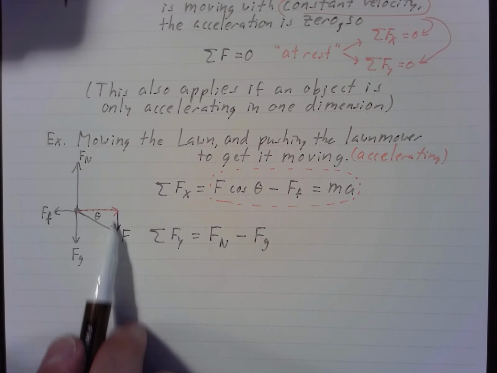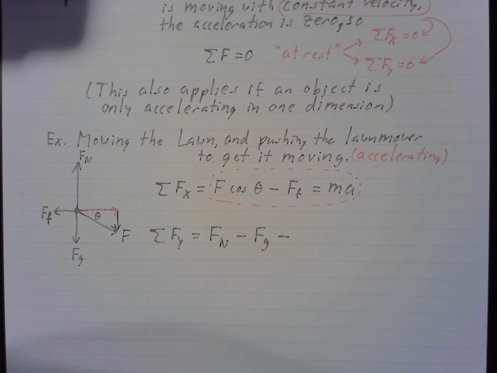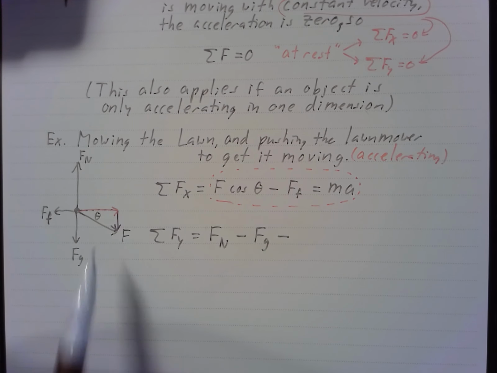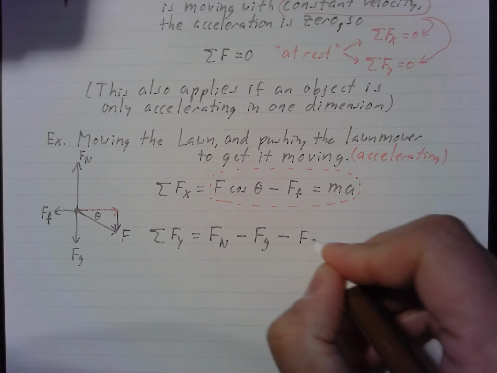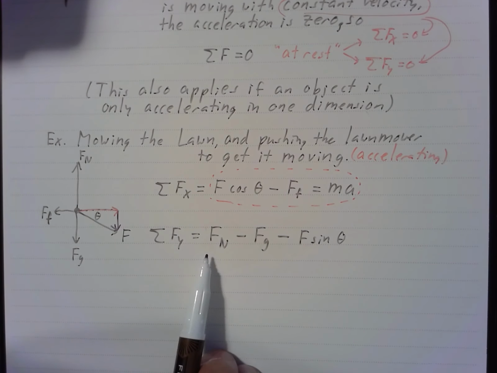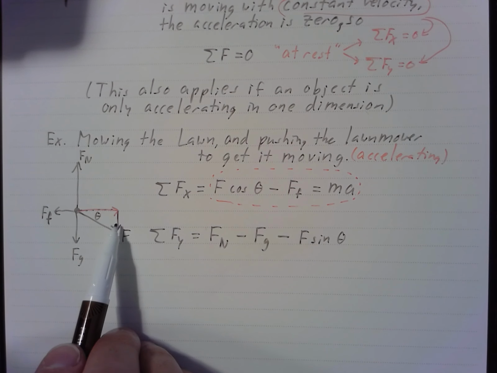But there's another negative force, and so I can add another negative force to this expression. It is the vertical component of force F, and so that's going to be F sine theta. So there are three forces in the vertical direction, these two and then this component right here.